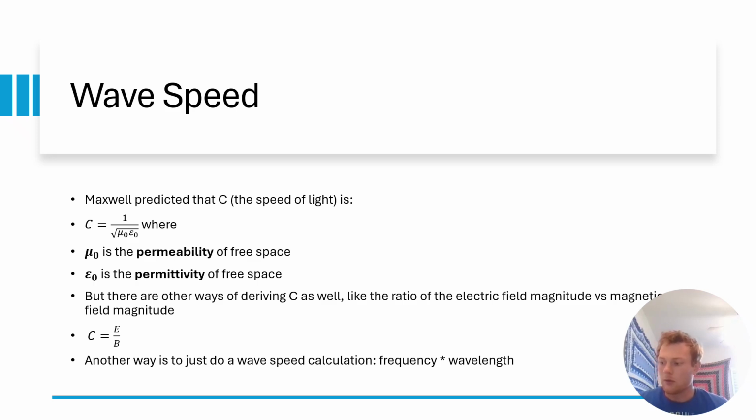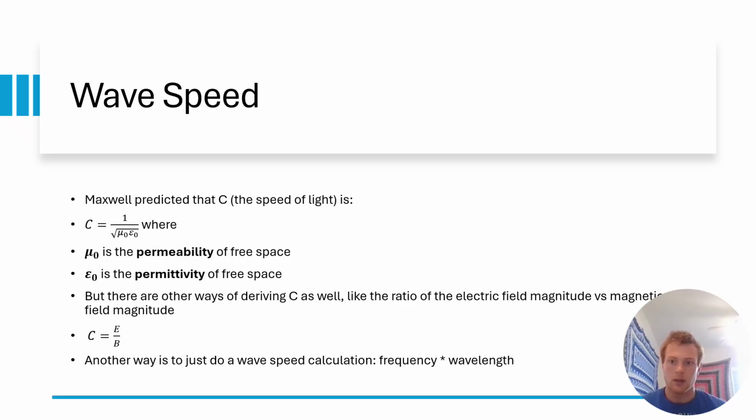We're also given another relation: pressure equals intensity over speed of light, so force equals pressure times area, which is I over c times A. And that's the workflow for that problem.